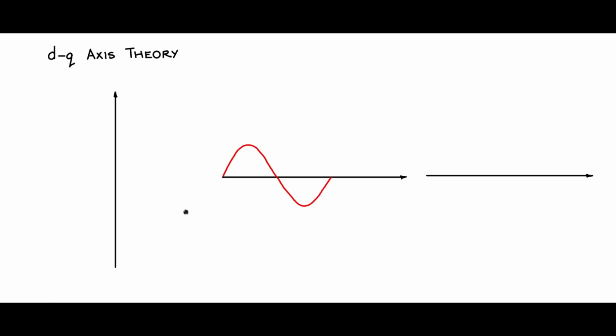Now let me draw a sine wave like this on this time axis. Likewise, I will repeat that sine wave on this time axis too. Now here, not only am I drawing a sine wave, I will also have a cosine wave. So let me mark and draw a cos wave like this.